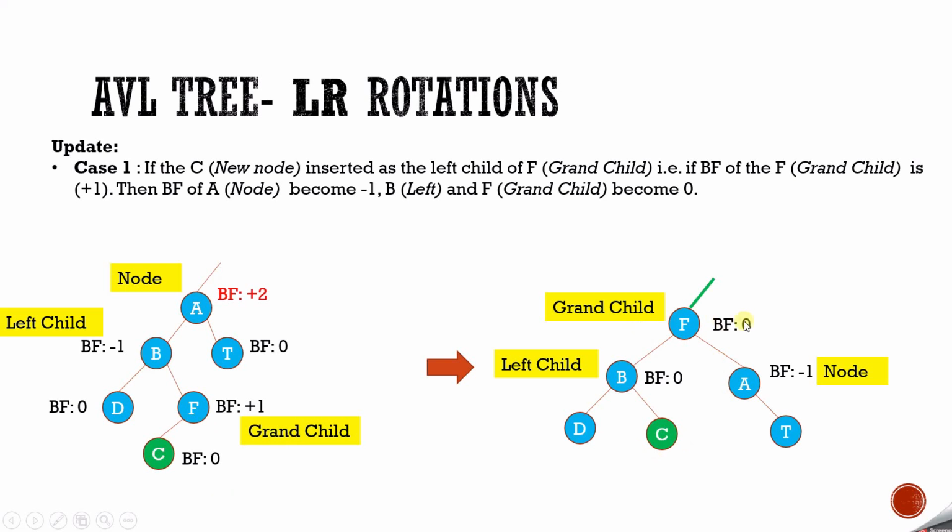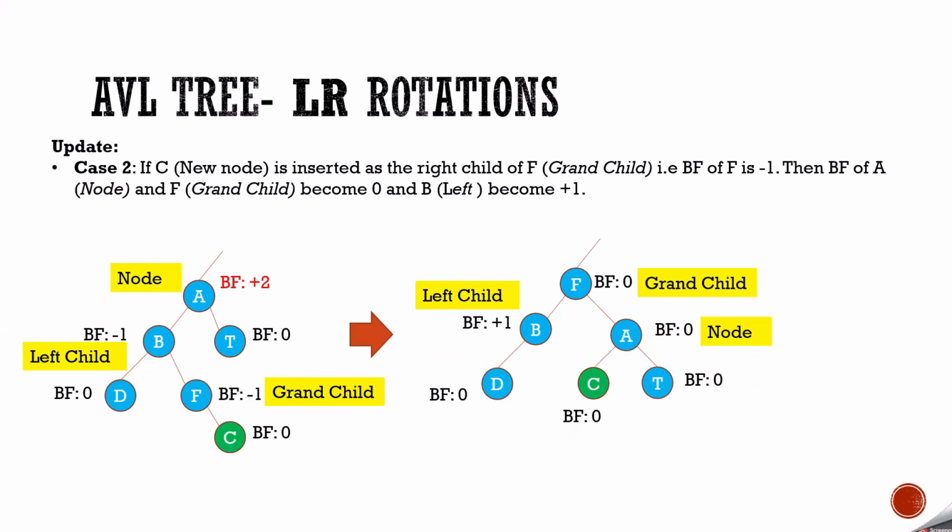The grandchild's balancing factor becomes 0, because F is the earlier grandchild, so we'll keep it as that, because it's a variable name that we have given to that node as grandchild. So the grandchild's balancing factor becomes 0, the left child's balancing factor becomes 0, and the node's balancing factor becomes 1, and the rest of the nodes' balancing factors will remain exactly the same, whatever they were before insertion and after rotation.